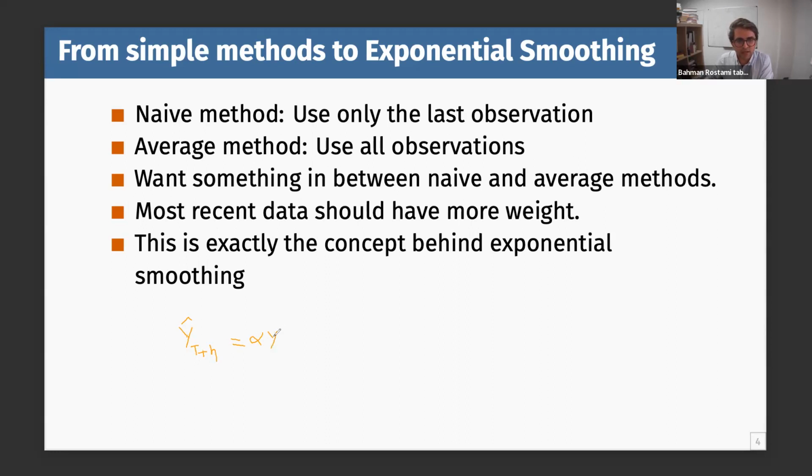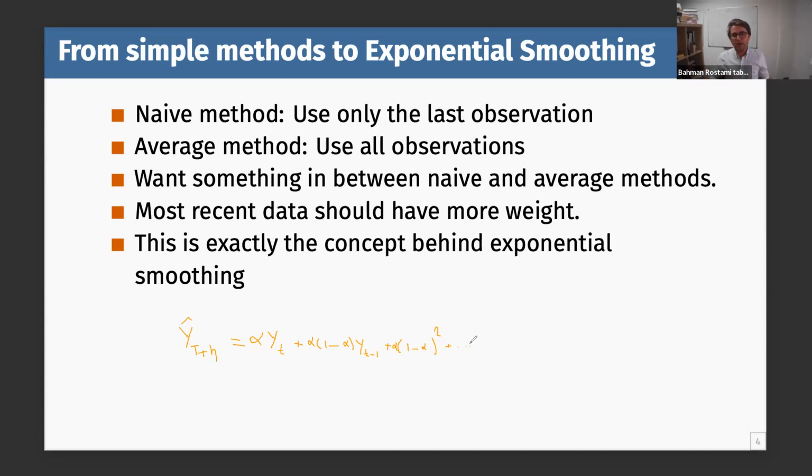So I say I can define that forecast as alpha yt, then another weight, which is alpha multiplied by 1 minus alpha, and multiply this by the observation before. Then going back to the third observation, you'll have a weight of alpha times (1 minus alpha) squared, and so on.